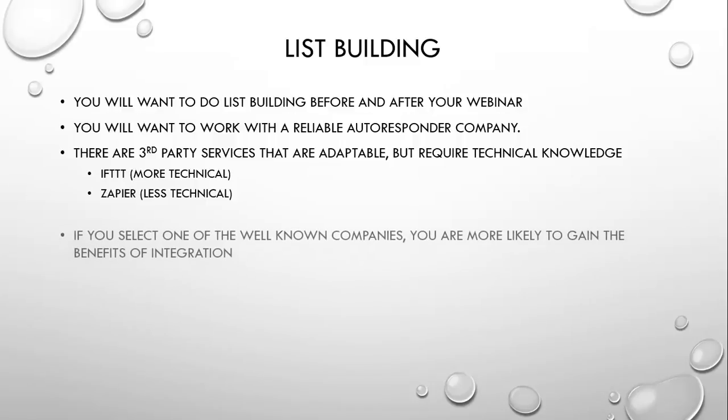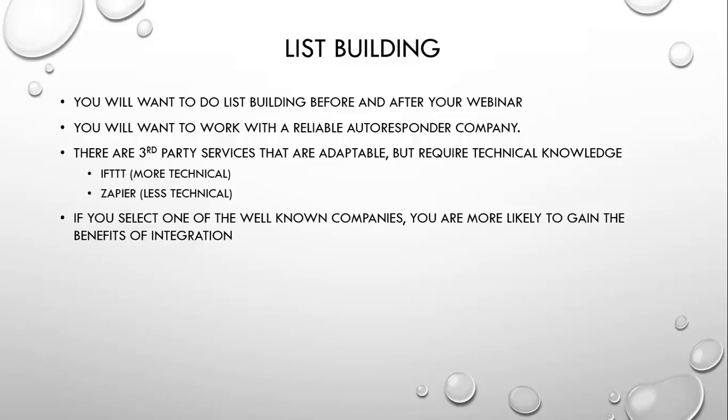Now, if you select one of the well-known companies, as we've said, you're likely to gain the benefits of this integration. And so that is why you'll want to consider one of the companies that are on this list. You can consider Aweber, which is a long-standing autoresponder company, integrates with Zapier. GetResponse, the same thing, also integrates with Zapier, as does iContact and MailChimp.